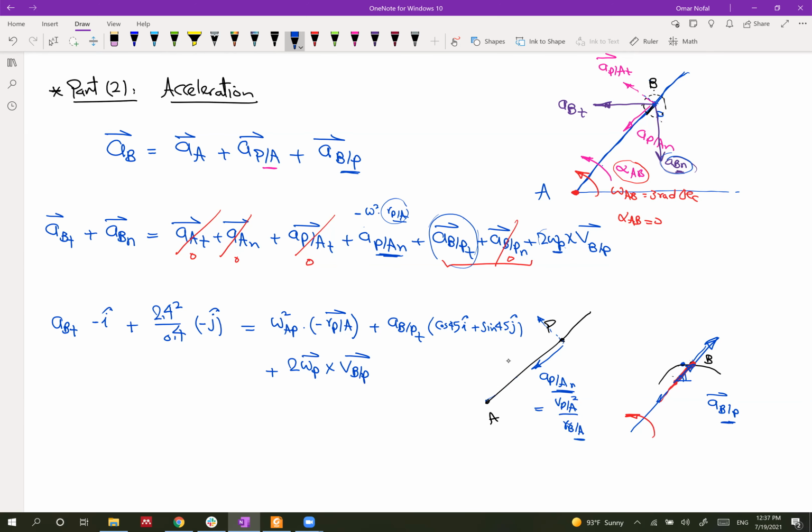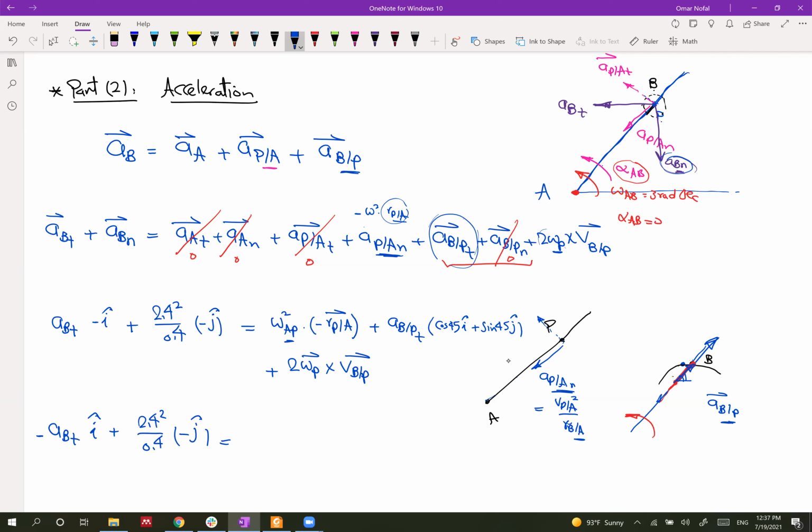All right, so we have our equation here. So let's substitute with numbers. So we'll have AB tangent in the negative I hat direction plus 2.4 squared over 0.4 in the negative j hat.